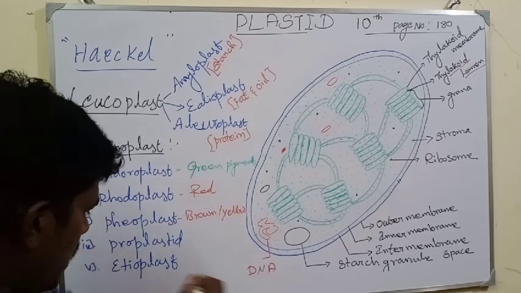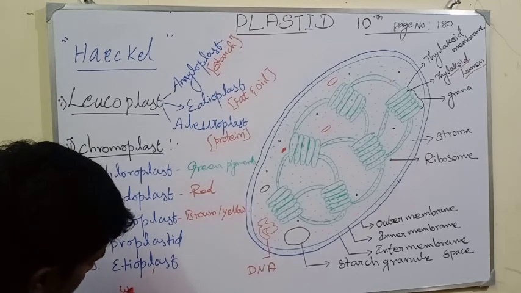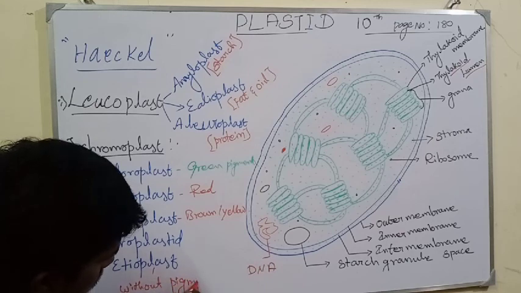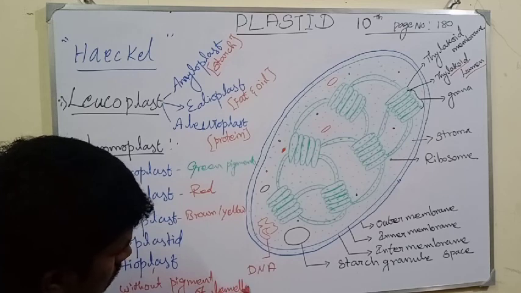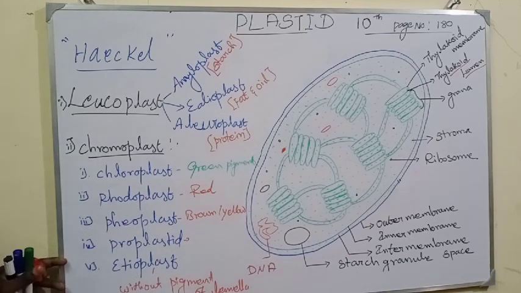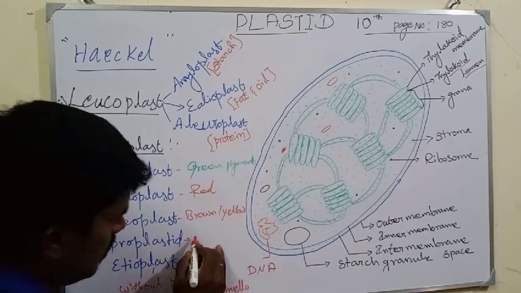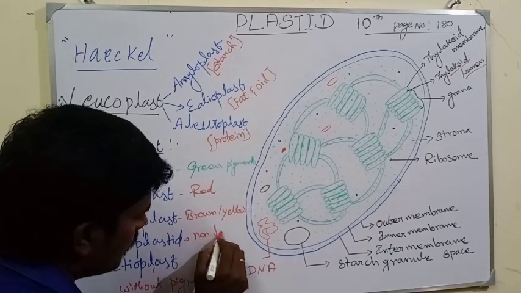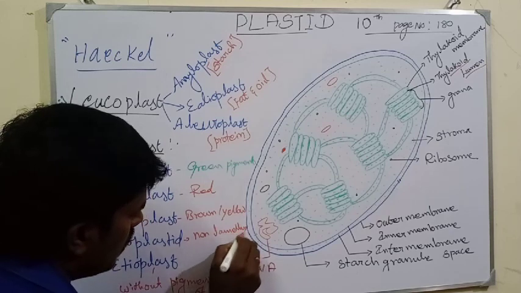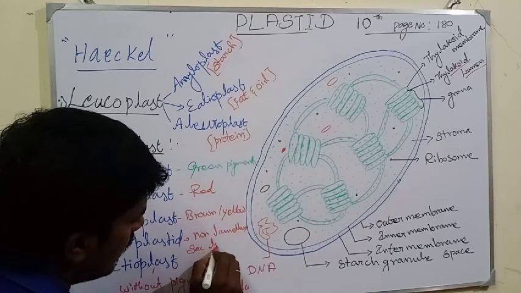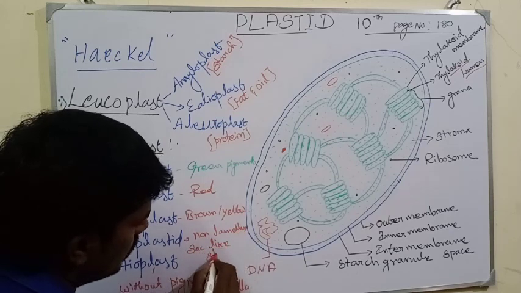Here, without pigment, with lamella. And this one, the proplastid, is a non-lamellar sac-like structure.